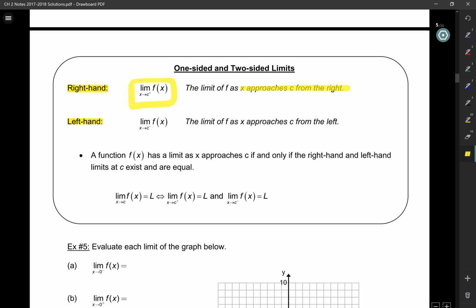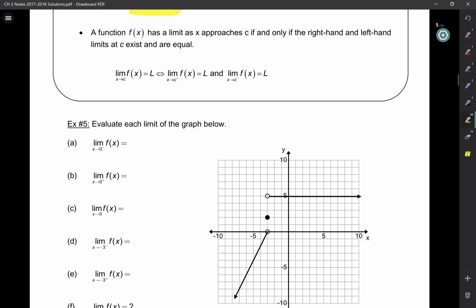The left hand is as x approaches c from the left, and it's limit as x approaches c minus. And the big thing is, if you look at the limit from the right, and let's say from the right it's approaching a value of 2. If you look at the limit from the left, and let's say it's also approaching 2, then the limit of the function at x equals 2 exists. Okay, all words, let's do a tangible problem.